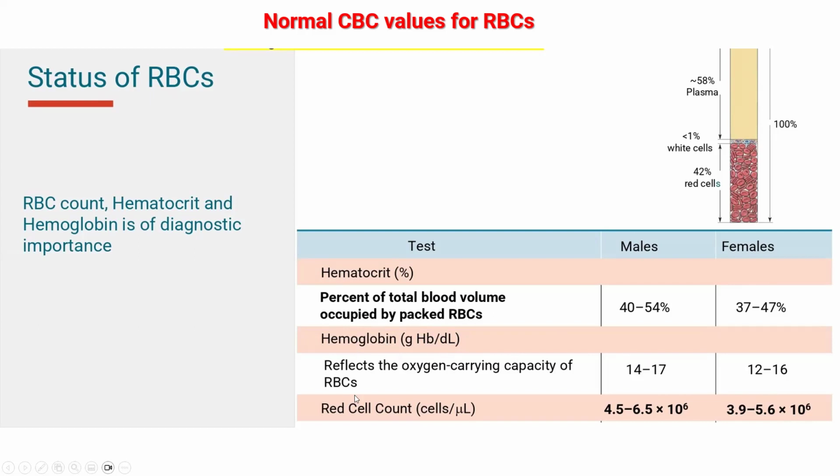And what is the red blood cell count, the number of cells per microliter? It is 4.5 to 6.5 times 10 to the sixth for males, and 3.9 to 5.6 for females, and so on.